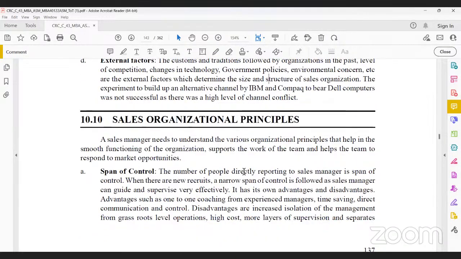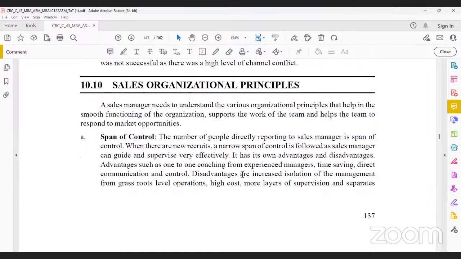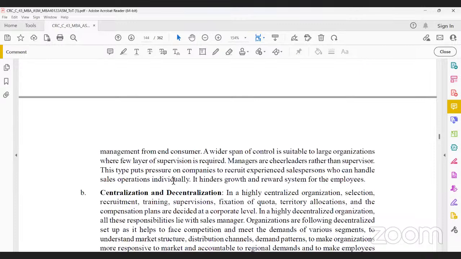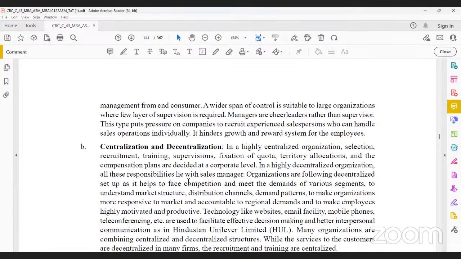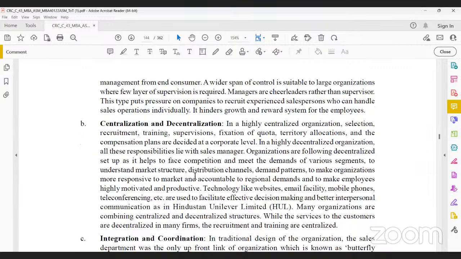Now we move to sales organization principles. Span of control is one of the principles of management. The superior can control only so many people, and the company can adopt a centralized policy or a decentralized policy. Centralized has its own advantages and limitations, and decentralized has its own advantages and limitations too.